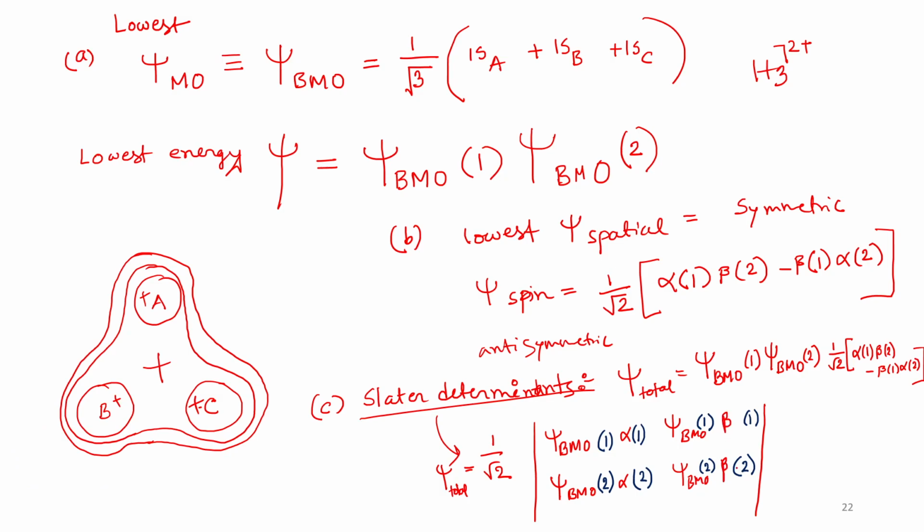Okay, where alpha and beta are up and down spin, or you can say according to your convention. In this convention of the Slater determinants, I have kept my spin orbitals the same along the rows and different electrons along the rows.